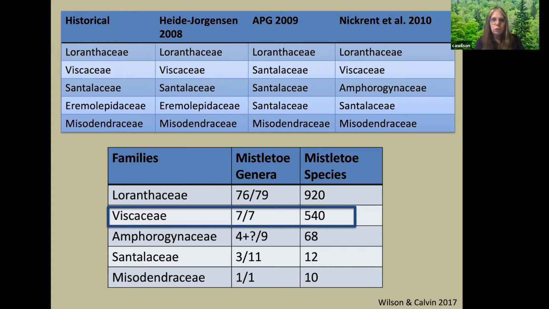The Viscaceae, on the other hand, which I have marked in blue because your local mistletoe, the Arceuthobium or dwarf mistletoe, is within the Viscaceae, and you'll see that blue throughout the presentation, has a relatively small number of genera but a lot of species. And the others are smaller in both the number of genera and the number of species.